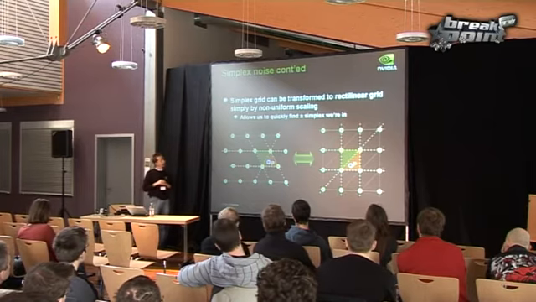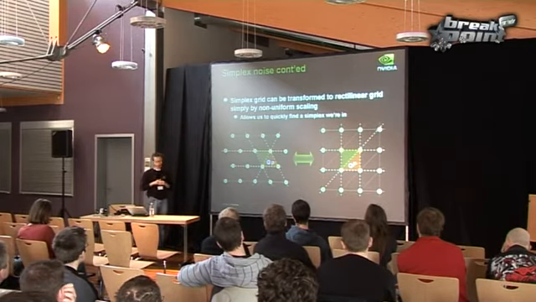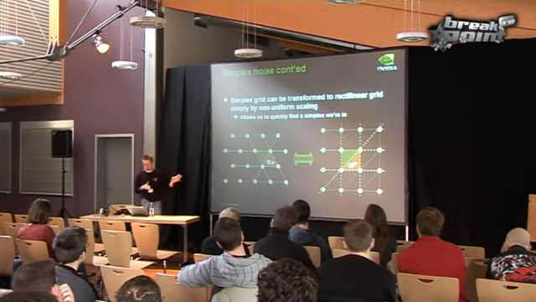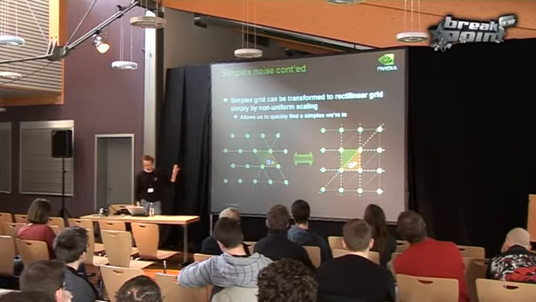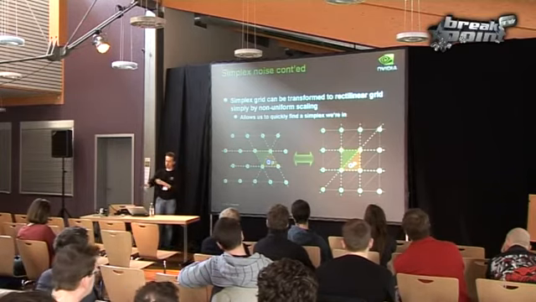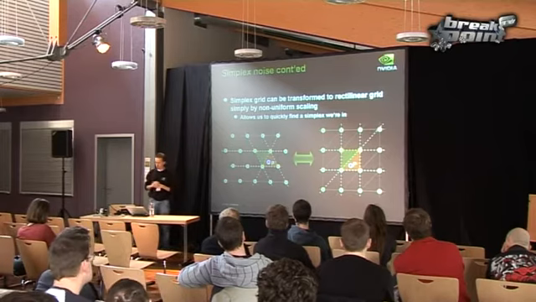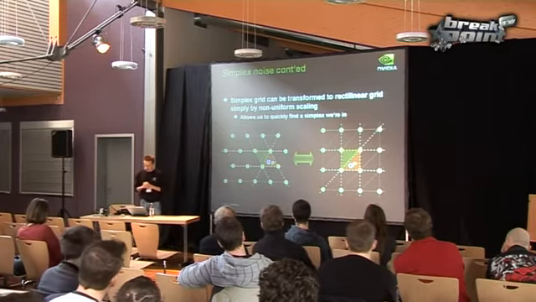Now, how you need to modify the original algorithm. Instead of having a rectilinear grid in space, you have this simplex grid. Again, I'm showing this as a 2-dimensional example, but it can easily be extrapolated to higher dimensions.